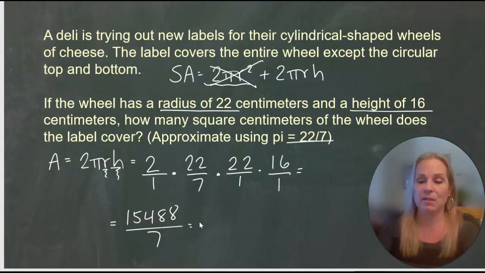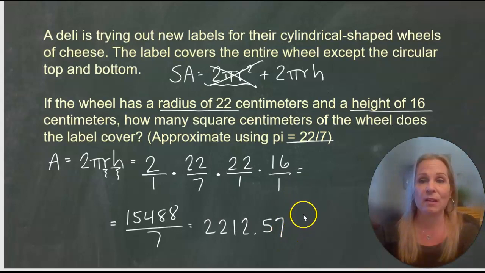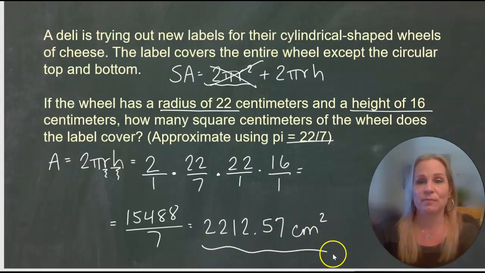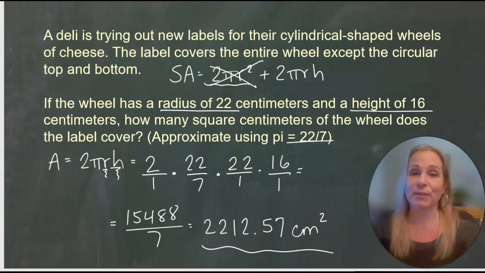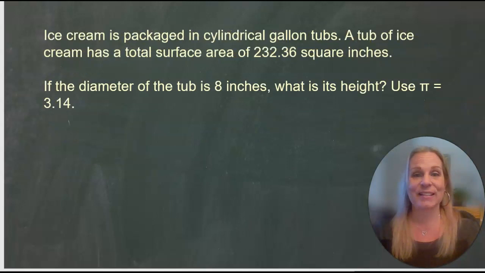So we'll divide that by 7. And we get 2,212.57 if I round to the hundredths place. And that is square centimeters. And that's how much the label would cover. All right, 2 more for you guys.